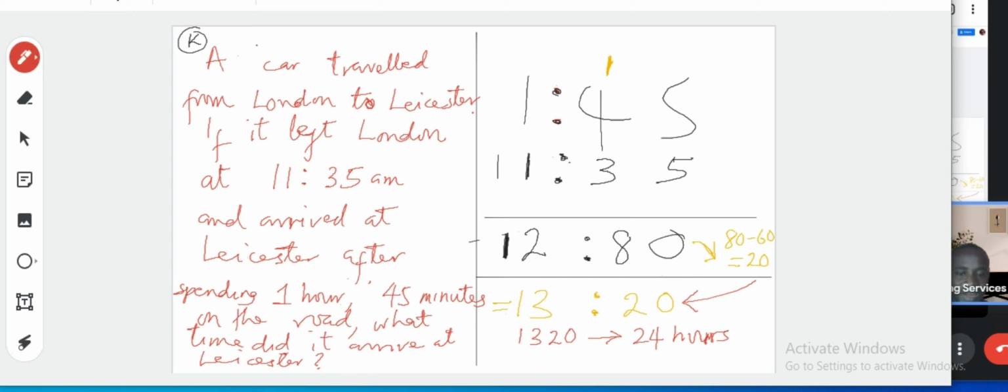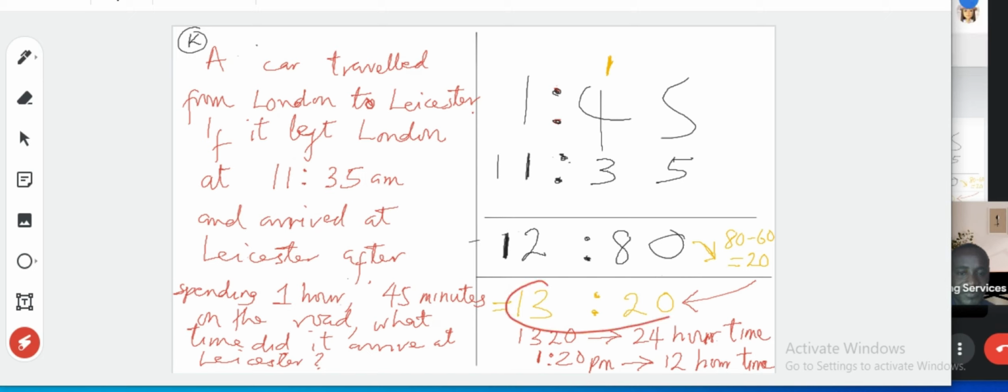It got to Leicester at 1:20 p.m. That is 12-hour time. From 13:20 in 24-hour time, you remove 12, it becomes 1:20 in 12-hour time. That's clear, right? Yes.